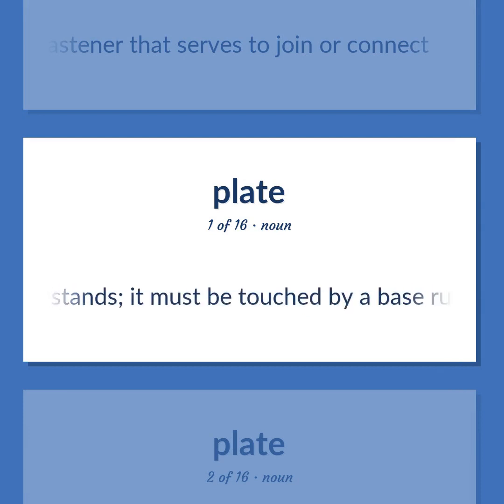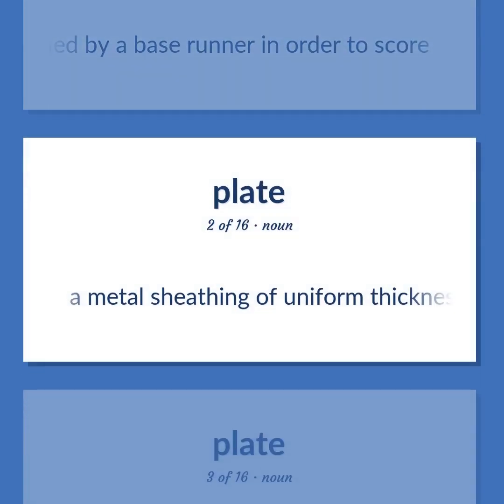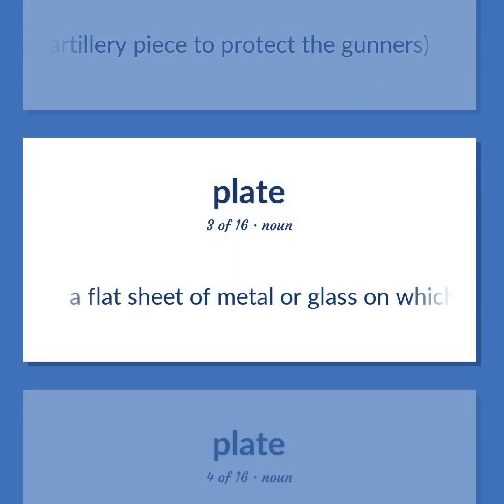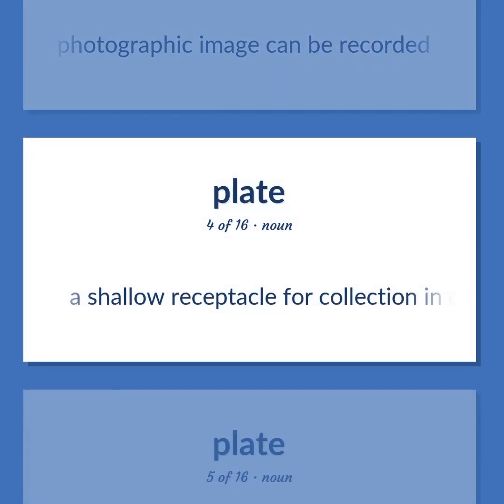It must be touched by a base runner in order to score. A metal sheathing of uniform thickness, such as the shield attached to an artillery piece to protect the gunners. A flat sheet of metal or glass on which a photographic image can be recorded. A shallow receptacle for collection in church.